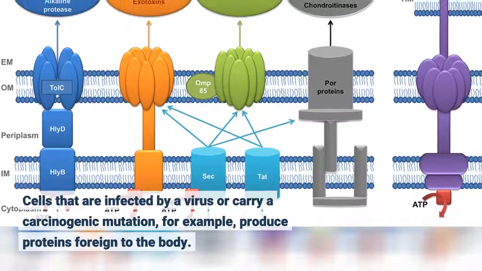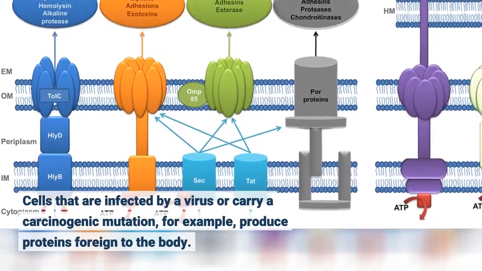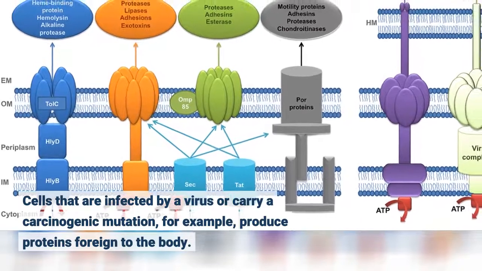Cells that are infected by a virus or carry a carcinogenic mutation, for example, produce proteins foreign to the body.